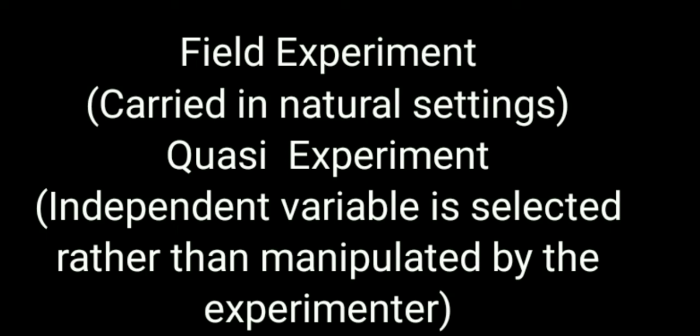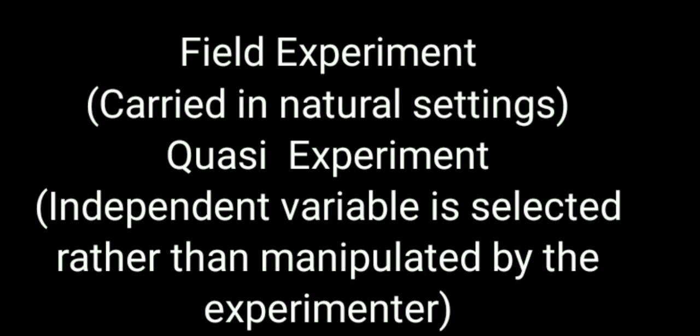Now let's understand more about them. Field experiments are experiments where the experimental investigations are carried out in natural settings. Example, home, school, etc. Here the experimenter has direct control of the independent variable and allocation of participants to groups.